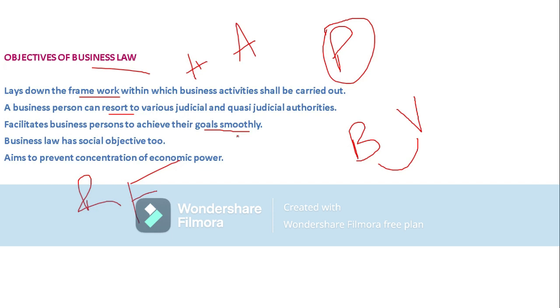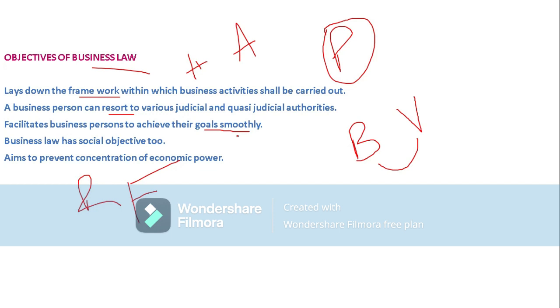So while entering into these contracts and agreements, there should not be any unfair practices, and there should not be any misleading aspect done with the other party.